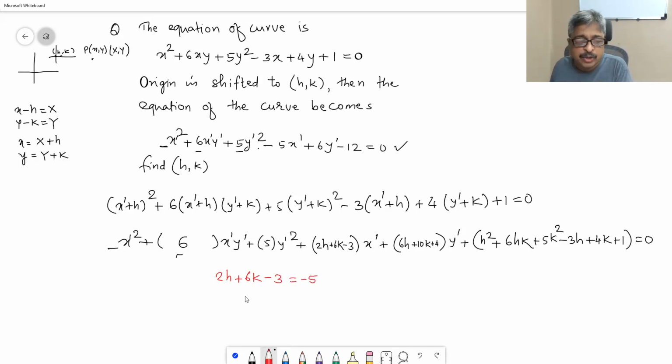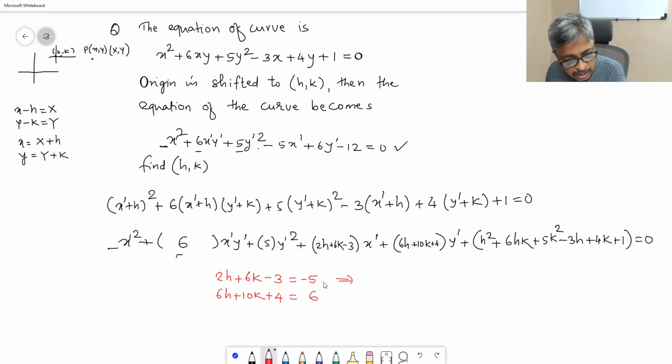If we compare y dash coefficient, we get 6h plus 10k plus 4 is equal to 6. Good enough. Actually, this should be minus 12, but we can cross check our answer by putting h and k back into this equation, whether we get minus 12 or not. So we can solve these two now. Let me write it in this way.